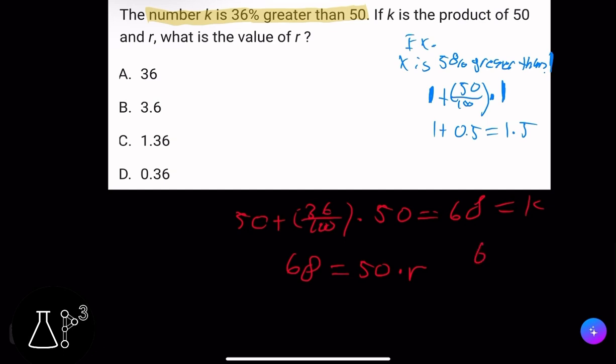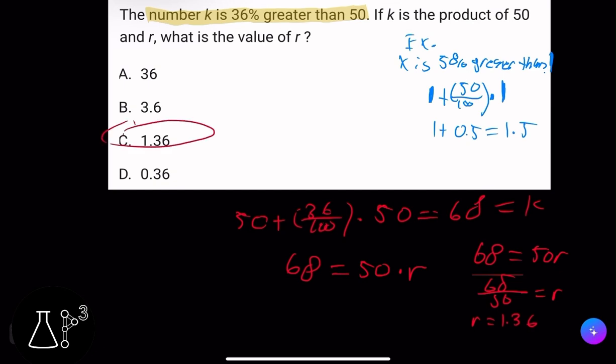I have 68 equals 50R. So now we just solve for R. All I have to do is 68 divided by 50, which we just did, which equals R. So R just equals 1.36. Therefore, my answer is C.